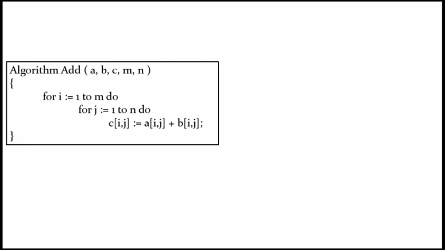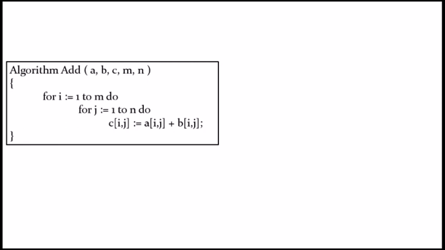So in the algorithm, there are two for loops. The first one is the I for loop, which starts from I equal to 1 till M. So this will be repeated M plus 1 times.